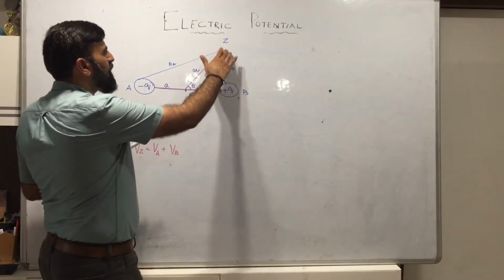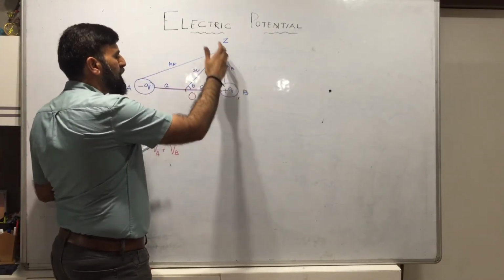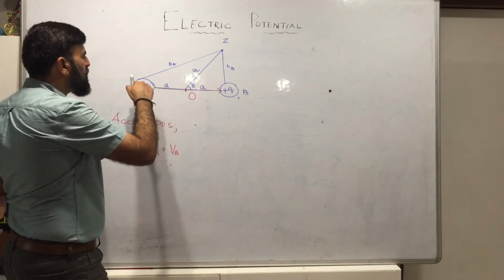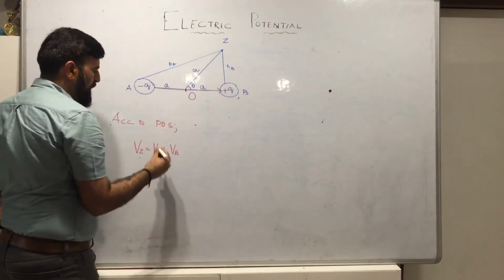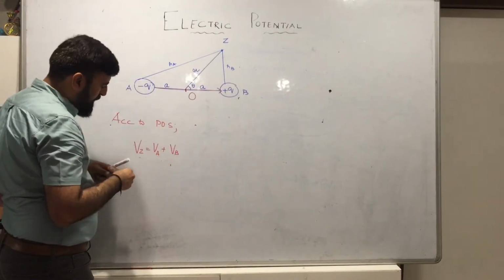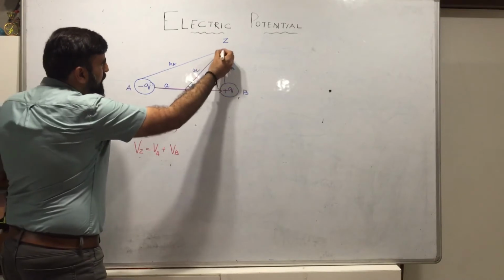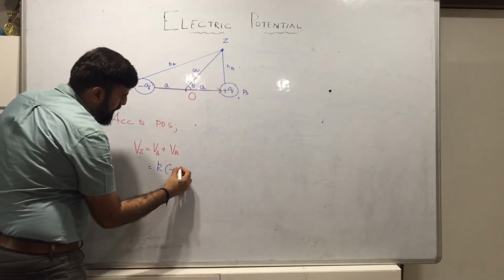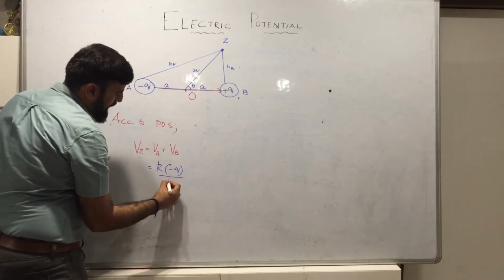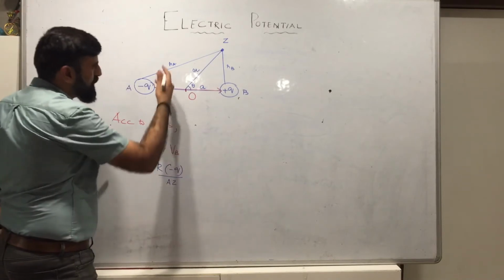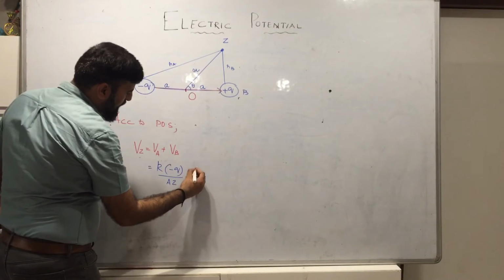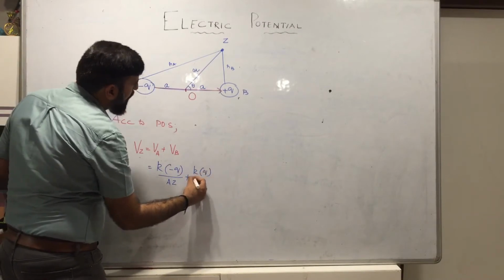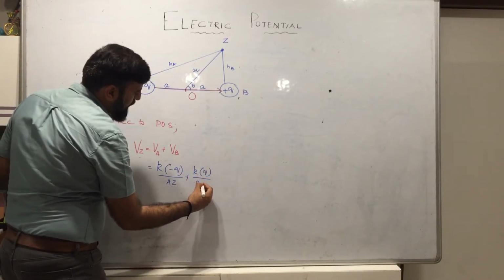Potential at point Z will be potential due to A plus potential due to B. Notice, potential at Z due to A will be K minus Q upon AZ distance, which I have taken RA, plus K Q upon BZ, right?